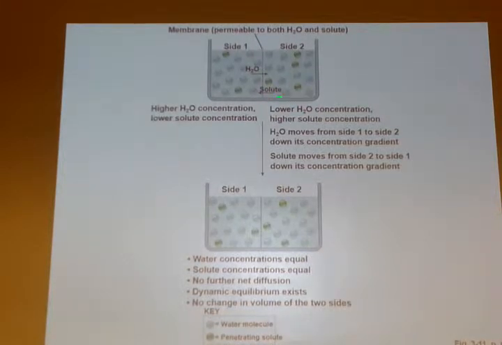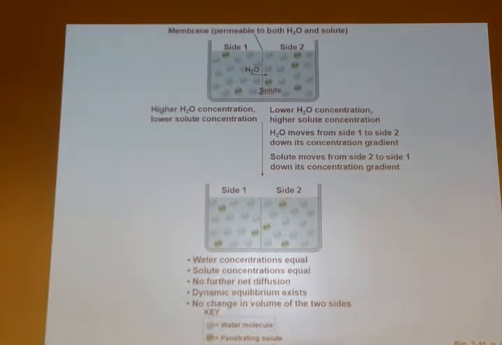If solute is permeable, then the next thing that happens is solute moves from side two to side one. How many solutes go to side one? One. Because then it's reached equilibrium. But since solute left side two and went to side one, what's the third thing that happens? Water goes back to side one.